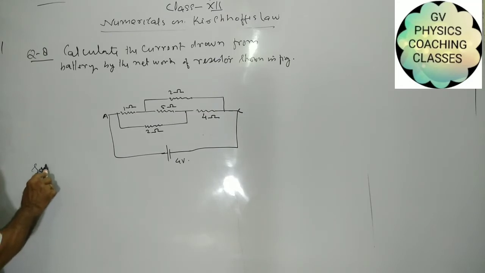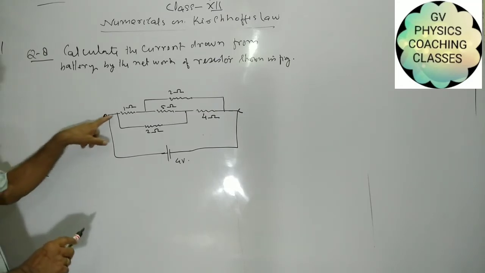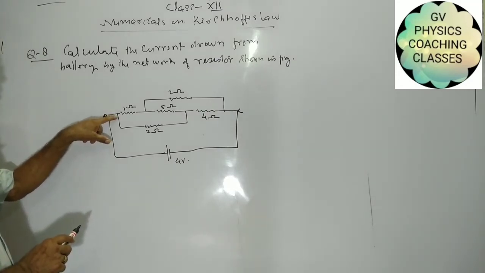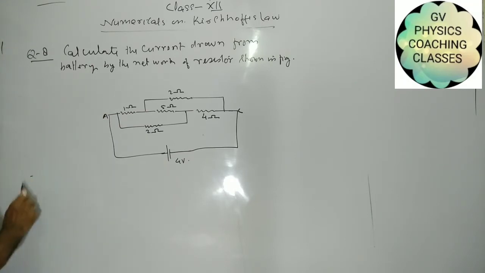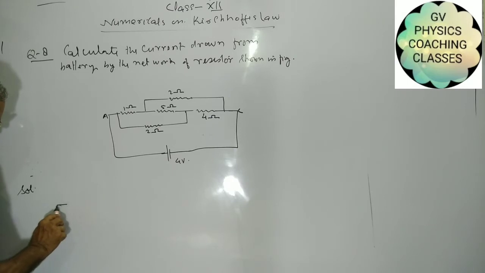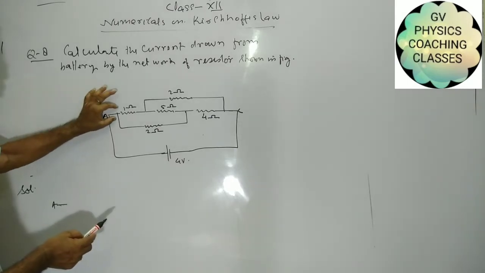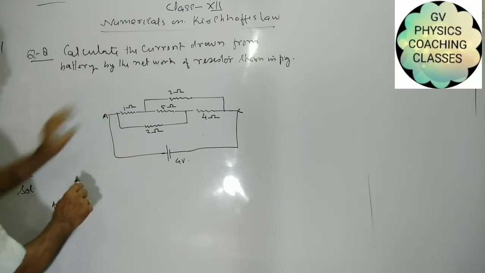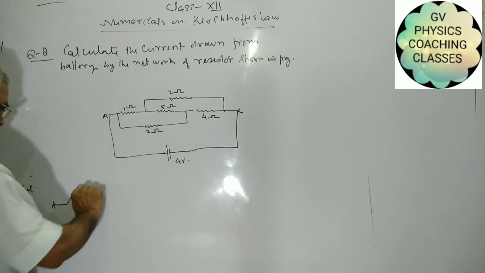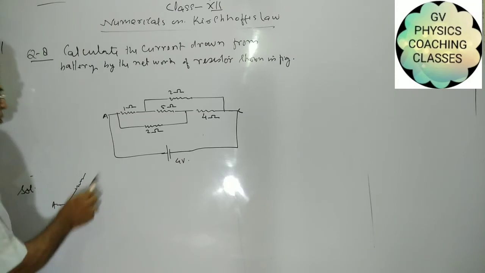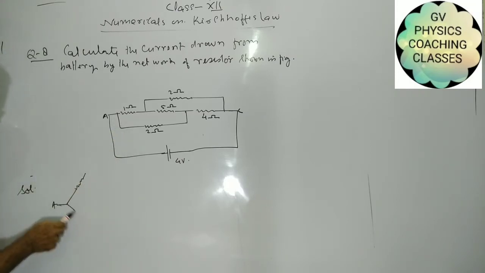Solution. This is the point A. From point A, there are two junctions. One goes to 1 ohm and the other goes to 2 ohm.